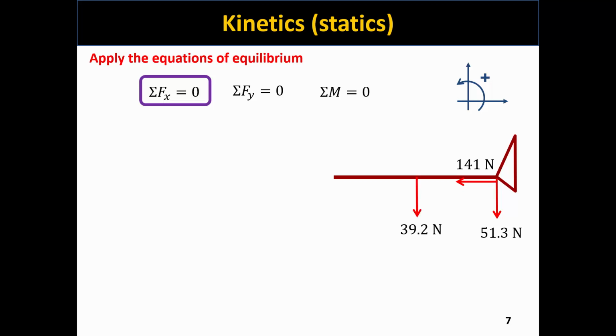We have the weight of the lower leg and foot at 39.2 newtons. And we have our force of the patellar tendon. Now, as we resolved the F band into x and y components, we have to do the same thing for the force of the patellar tendon. It will have a force in the y direction, and it'll have a force in the x direction as well.